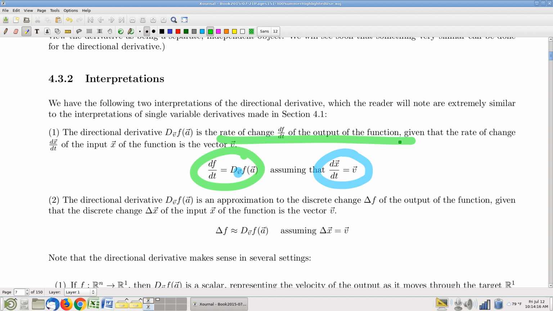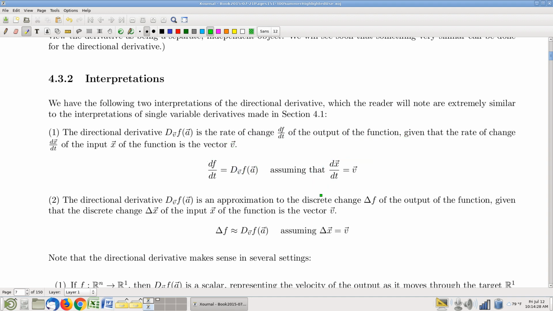Just like our new launching point perspective on single variable derivatives. Okay. No surprise, I hope, that there is a displacement analogy. So if v is your input displacement, then the directional derivative is the linear approximation of the output displacement. So totally analogous, just like we saw in single variable context.